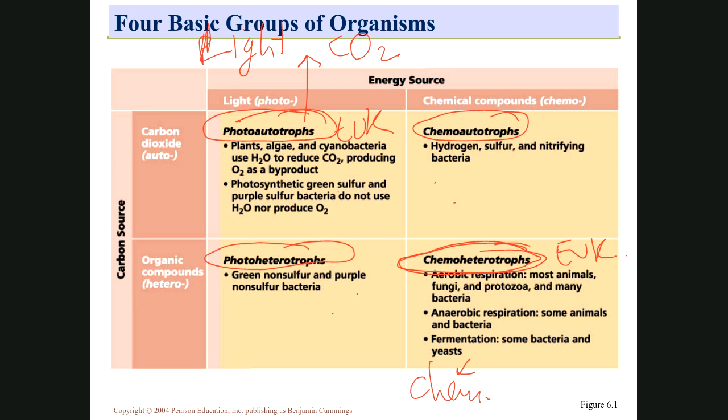The chemoautotrophs are bacteria that can use chemicals for energy, but they get their carbon from CO2. When it says chemicals for energy, the chemicals could be inorganic chemicals. So some of the members of this group are what we call rock eaters.